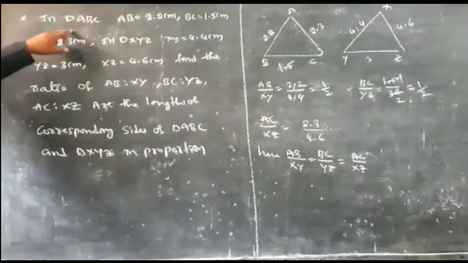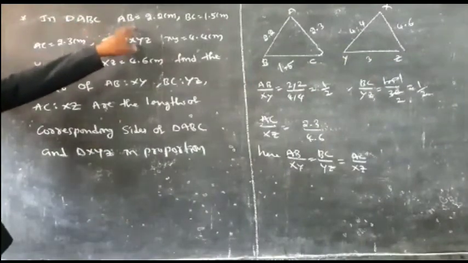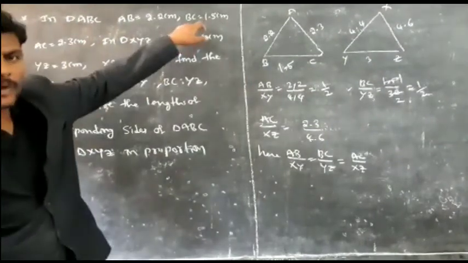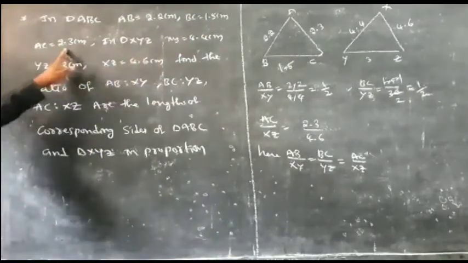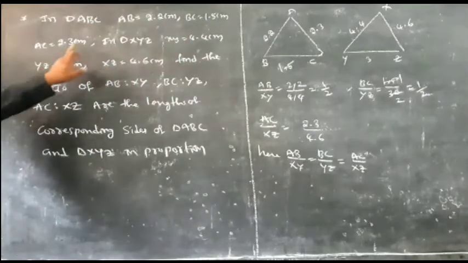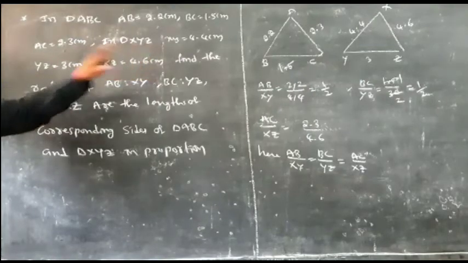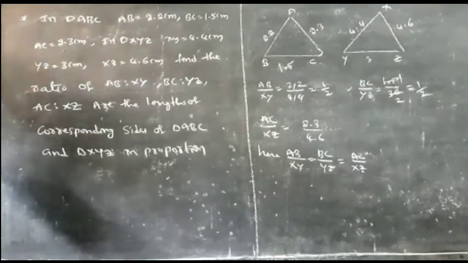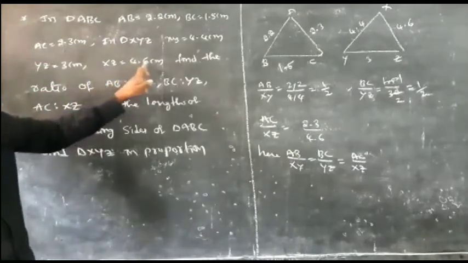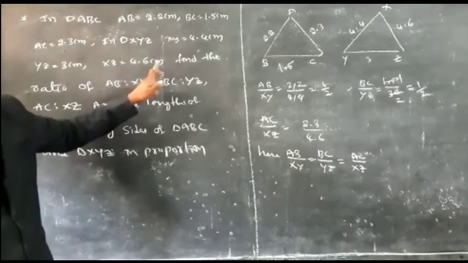In triangle ABC, AB is equal to 2.2 centimeters, BC is equal to 1.5 centimeters, AC is equal to 2.3 centimeters. In triangle XYZ, XY is equal to 4.4 centimeters, YZ is equal to 3 centimeters, XZ is equal to 4.6 centimeters.